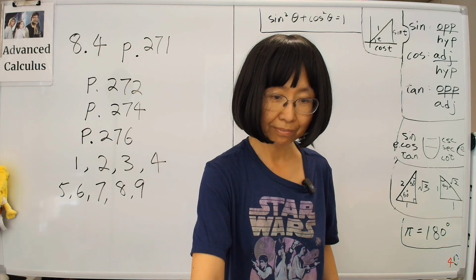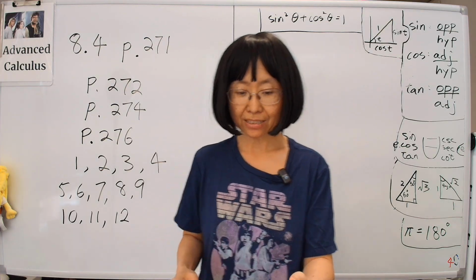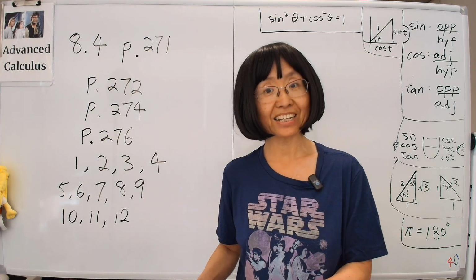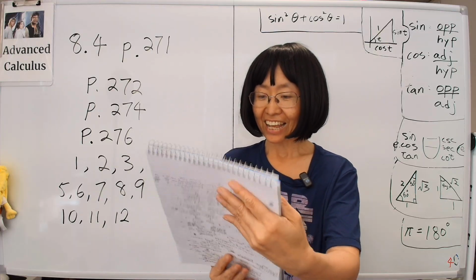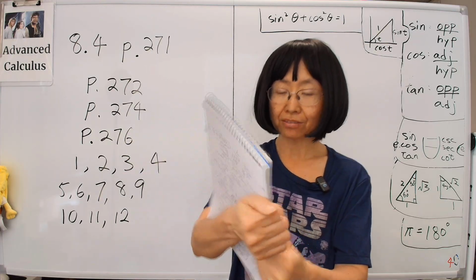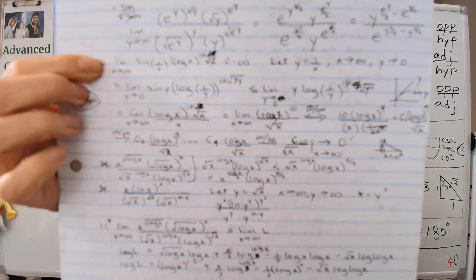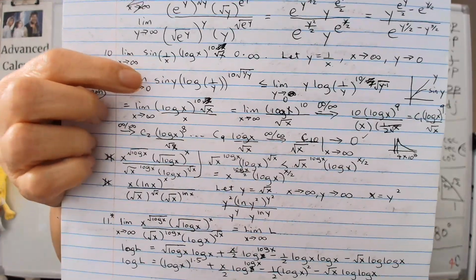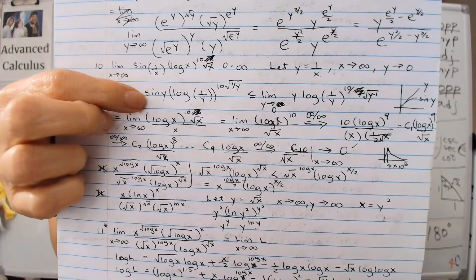Okay. So next, let's consider problem 10. Now, something interesting happened in here, and I want to show you in a moment. For problem 10, we have this function, and I did it the same way we always do, except with a slight trick. There is sine of y in there.